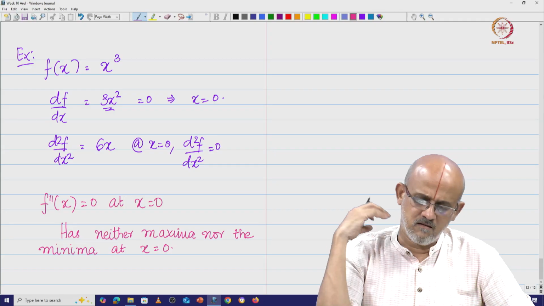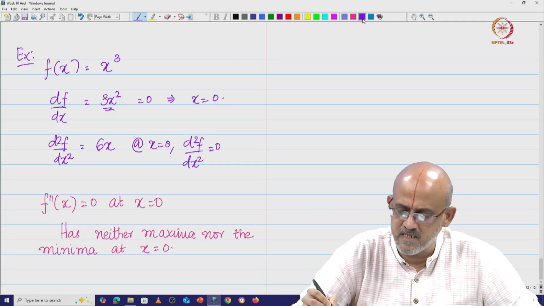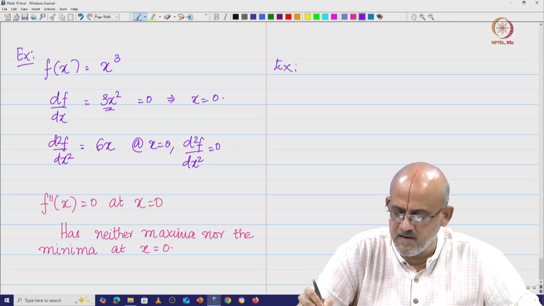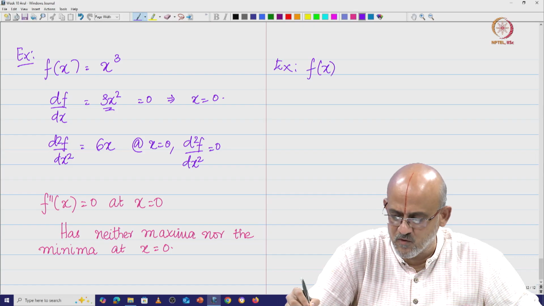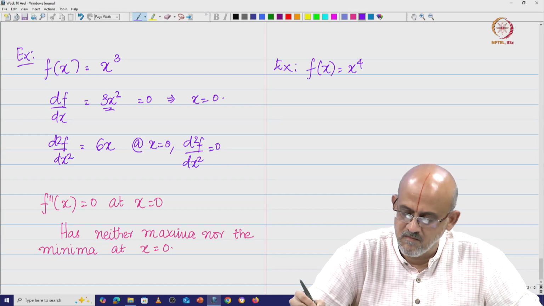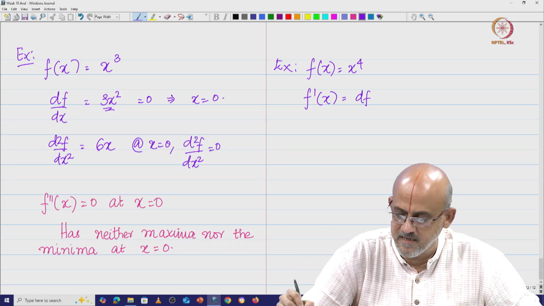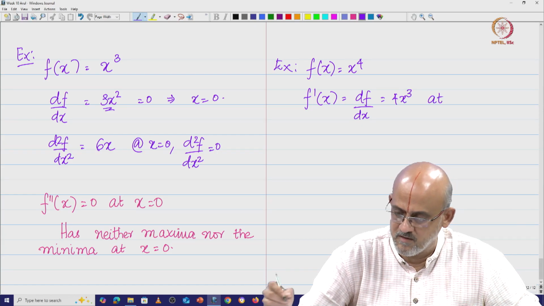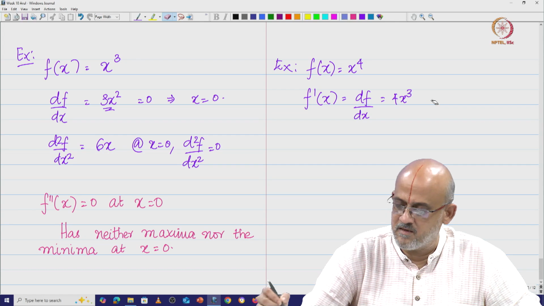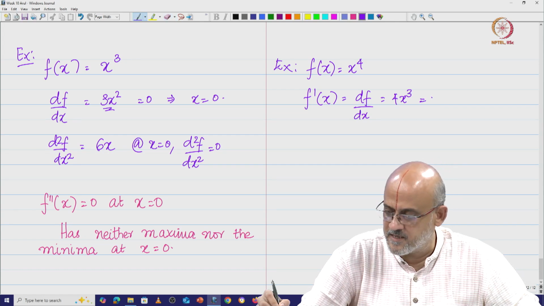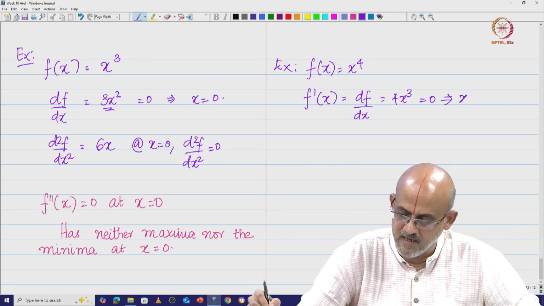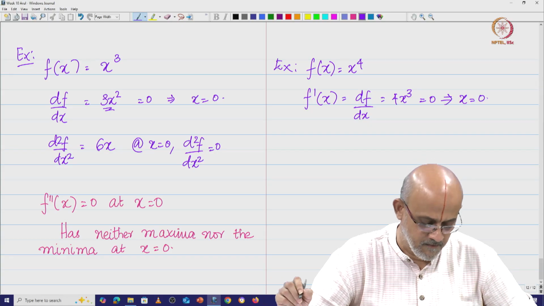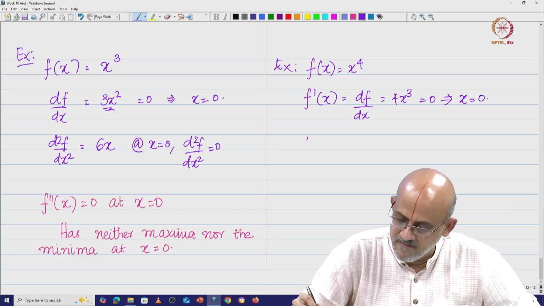Right. Take one more function and then you will probably understand it better. We are going to take the example f of x is equal to x power 4. So, f dash of x is basically df by dx, which is 4x cube, and if you equate it to 0, that implies x is equal to 0, right. So, what is f double dash of x?